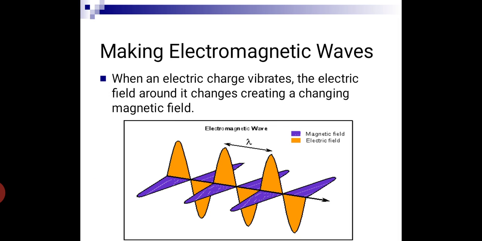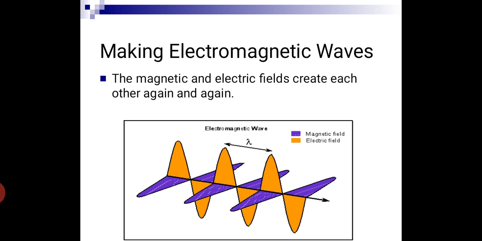As we can see, when electric charge vibrates, the electric field around it changes, creating a changing magnetic field. Or we can say the magnetic field and electric field create each other again and again.